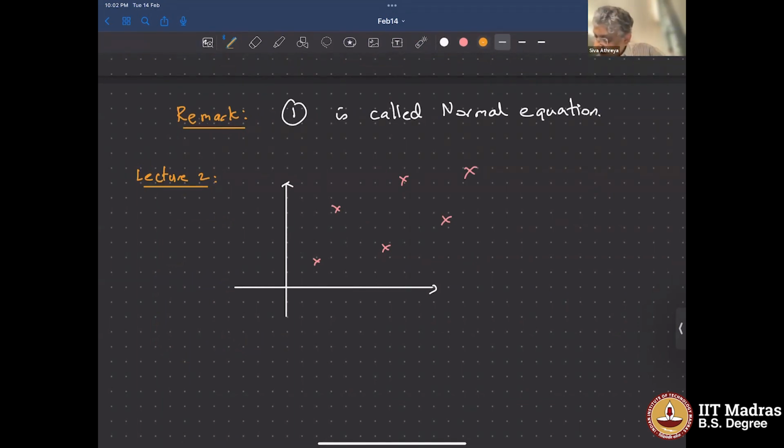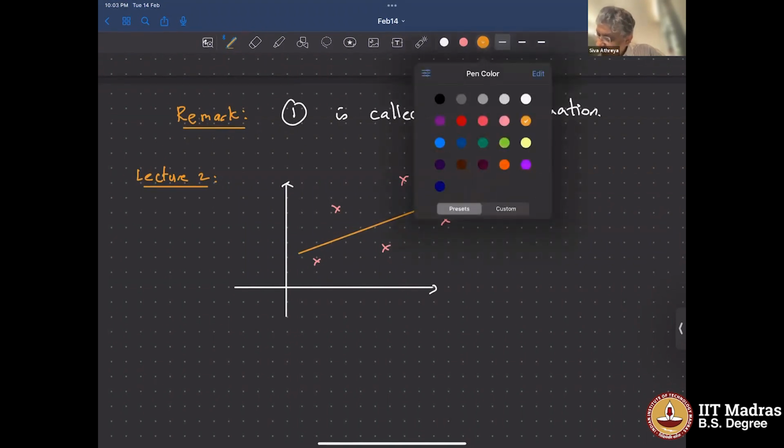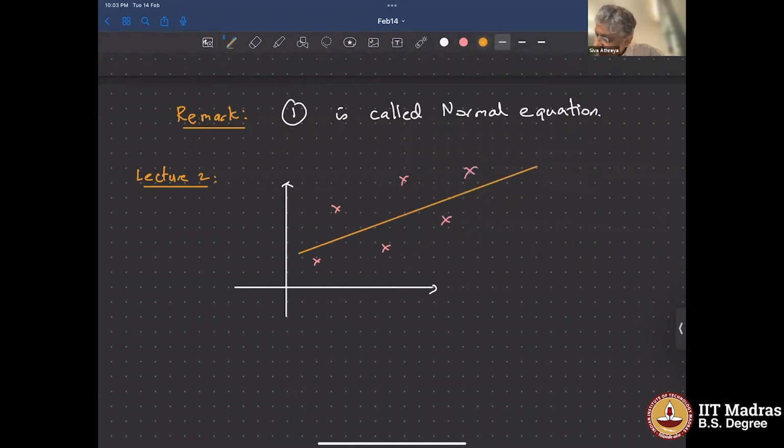One criterion we used for a line like this was we said, okay, we'll go here and everywhere and try to take these perpendicular distances to the line. This is what we did a long time back.